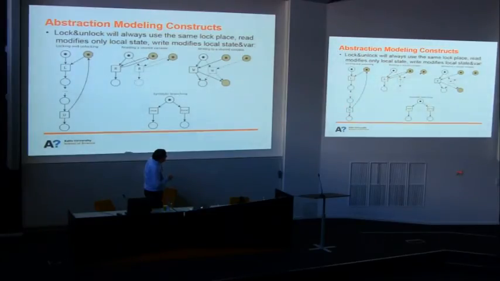And also this lock-unlock sequence doesn't modify the contents of the lock, so we return this guy back. Now writes modify the contents of this variable, so we actually modify the contents of the global variable.